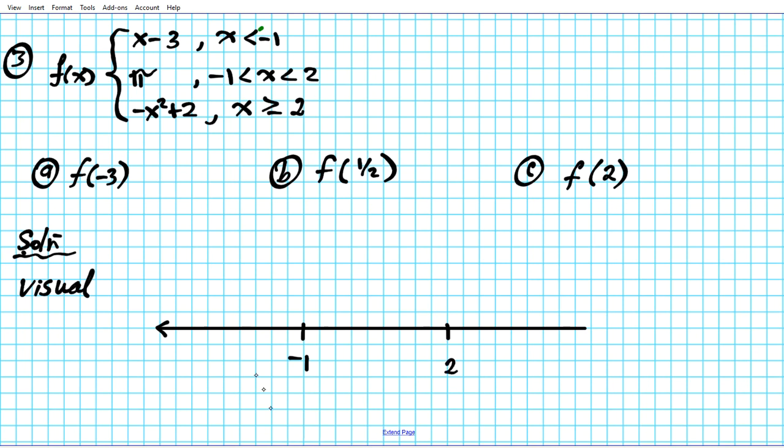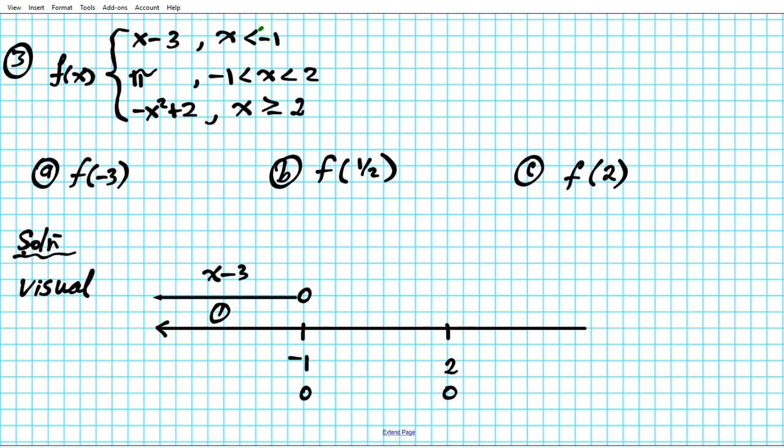Now let's divide up our interval, okay? When you're to the left of negative 1, let's call this interval number 1, and the function that's active is x minus 3. When you go from negative 1 to 2, we can call that interval 2.